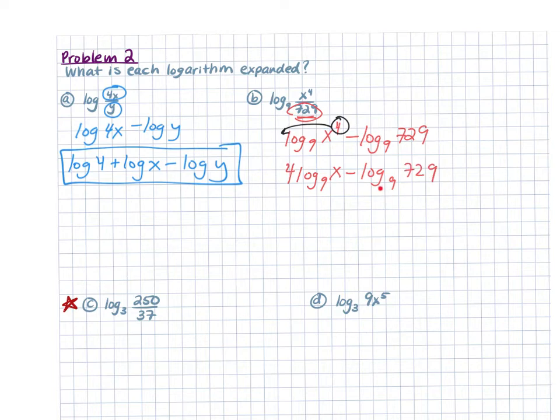This is actually one I don't know off the top of my head, but 9 times 9 is 81, times 9 is 729. Yeah, this is 9 to the third power. So this is saying, what's the exponent when my base is 9 and the answer is 729? It's 3. So this is going to be 4 log base 9 of x minus 3.